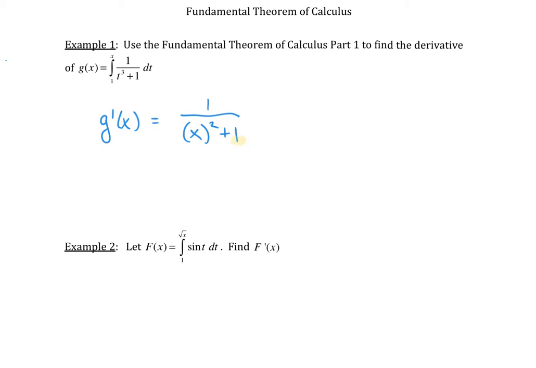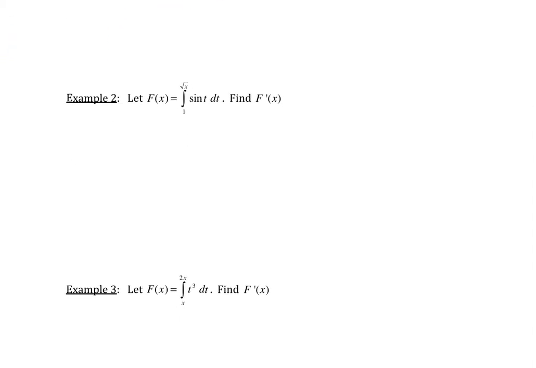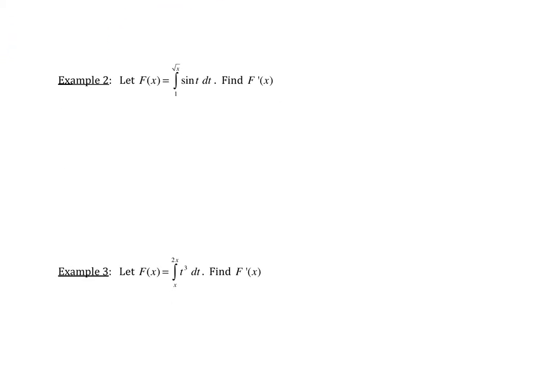Well, I figure maybe we should look at a more complicated example, so let's take a look at example 2. When I look at example 2, they give me this function where it looks like an integral and the independent variable is in the upper limit of integration here.